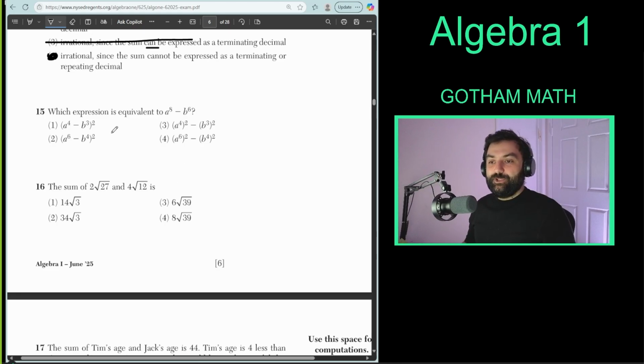Okay, which expression is equivalent to a to the 8th minus b to the 6th? Well, for that, you just need to know how power in a power works. Power in a power is when we multiply powers.